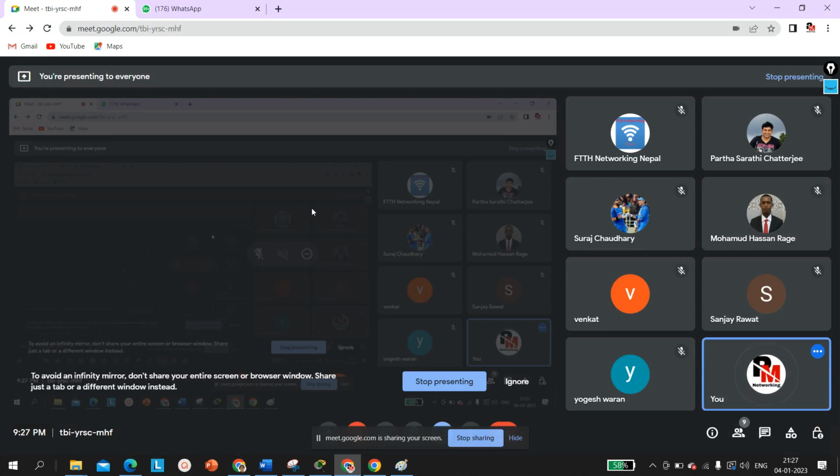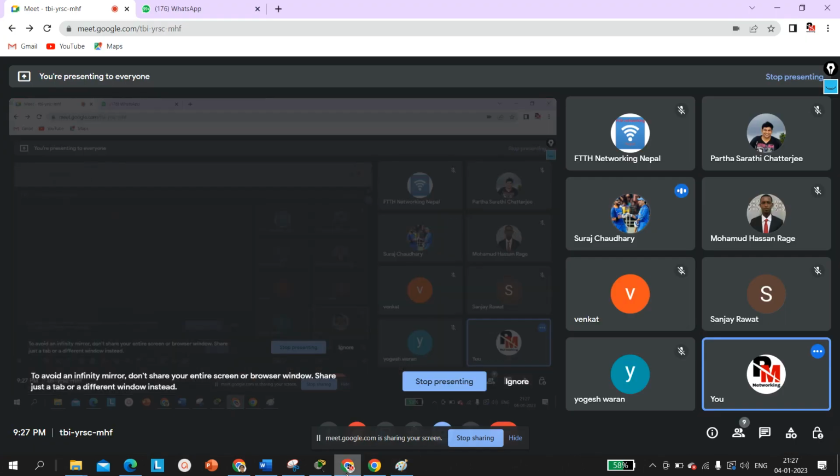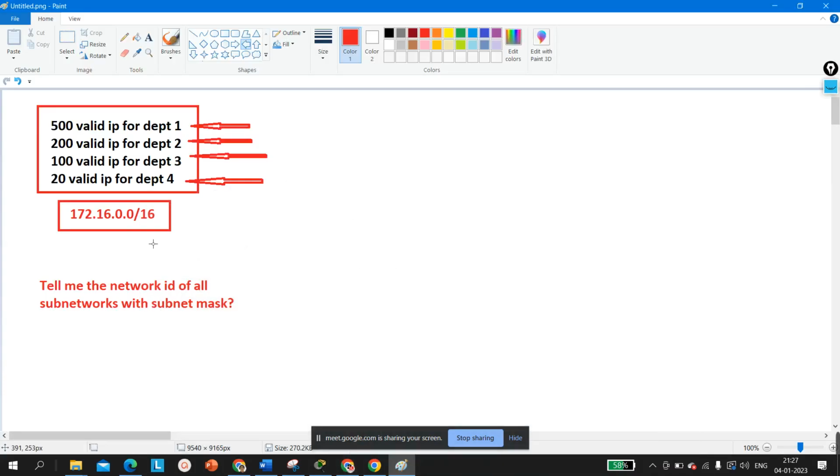Hello. Hello, Kuldeep. Yes. Are you solving, dear? Yes, solving. You will share your answer in the group, right? In the WhatsApp group. Like this one will be the network ID and subnet mask for department 1. You can write like this.